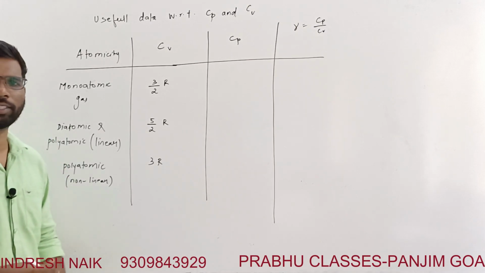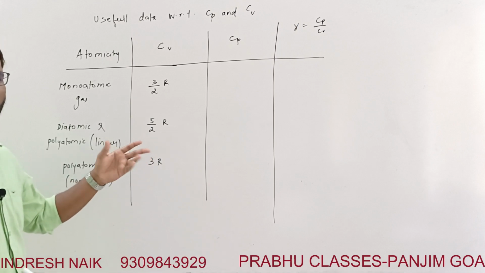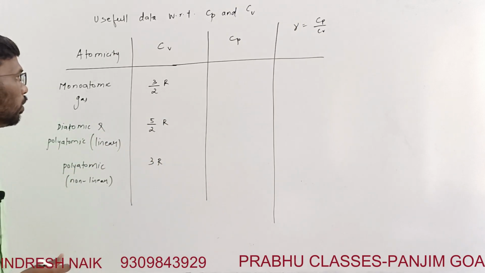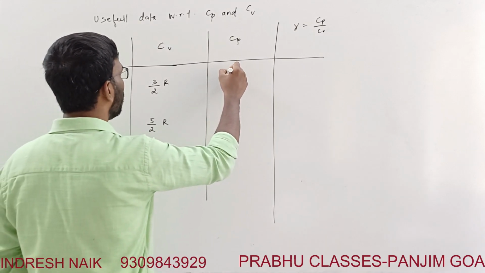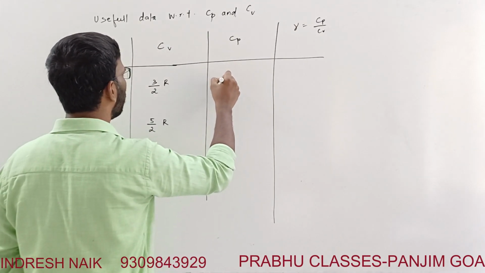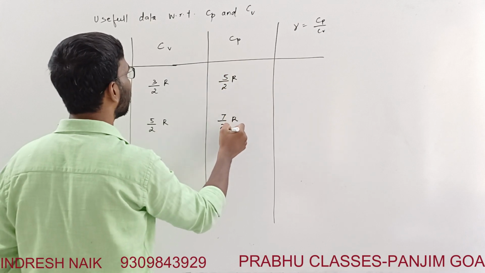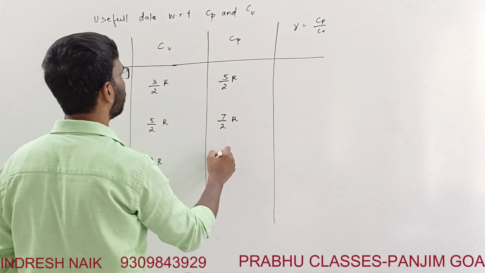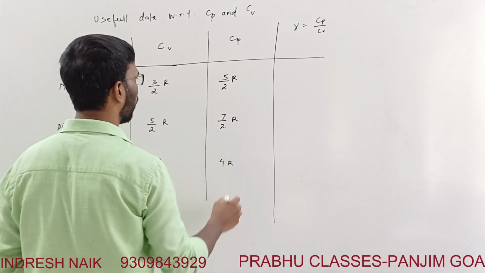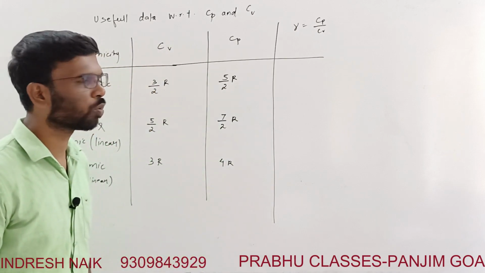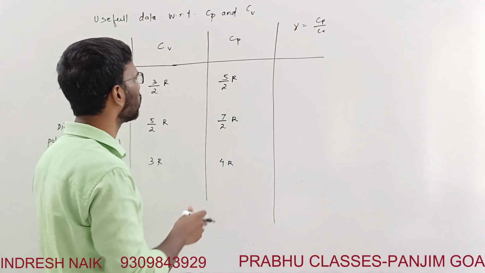R in calories is taken as 2. So Cp is 5 by 2 R here, 7 by 2 R here, and 4 R here. Gamma is the ratio of heat capacities at constant pressure versus constant volume.